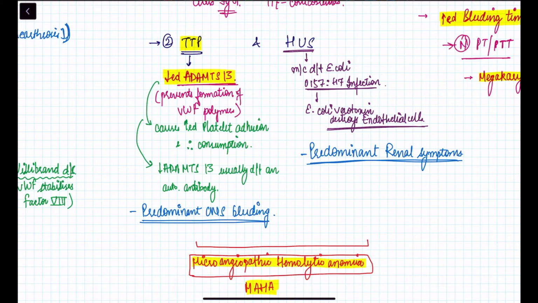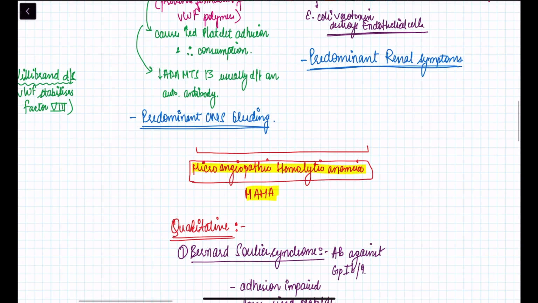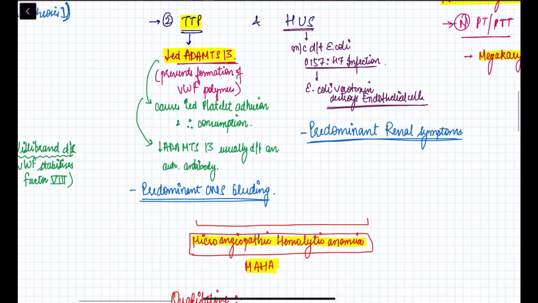So these two comprise microangiopathic hemolytic anemia, and as we will be forming little thrombi, there will be small platelet plugs formed throughout the circulation. So when RBCs pass through a narrow vessel with thrombus, they are sheared off, and they present as small helmet cells.